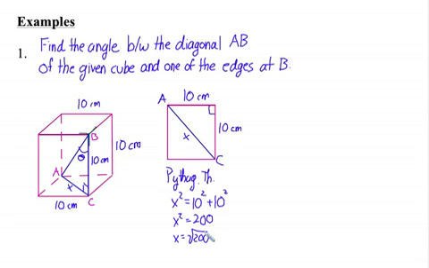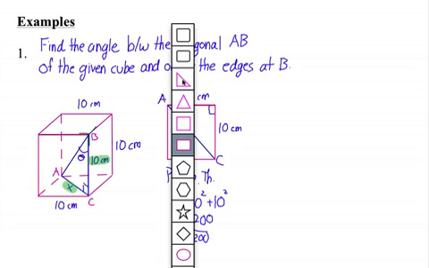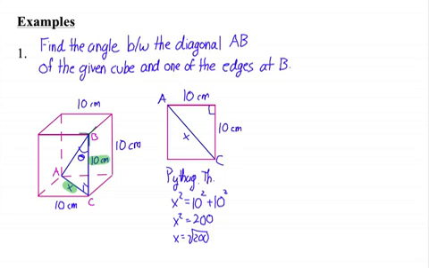Now that I know x and the other edge of the triangle BC, I can find theta using an inverse trig function. It'll help to draw a new triangle to represent the triangle that I'm looking at.